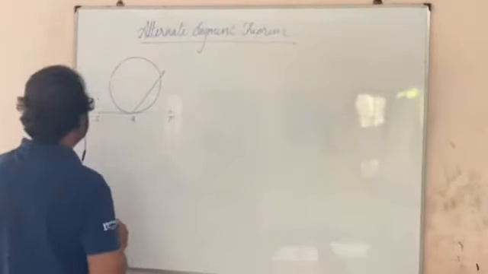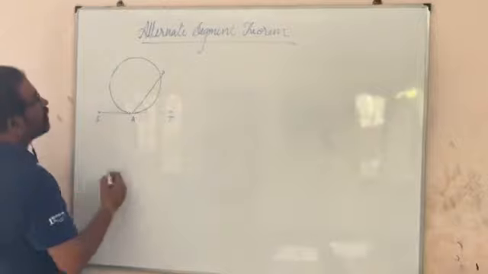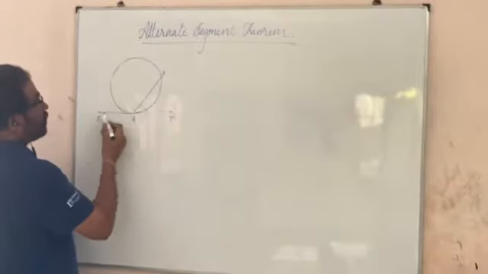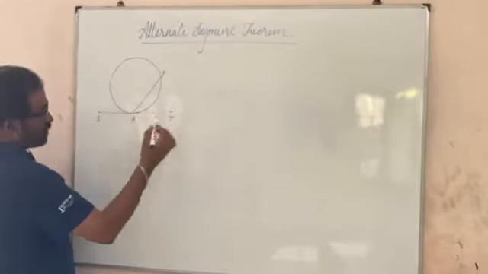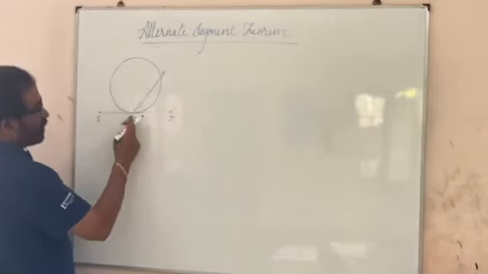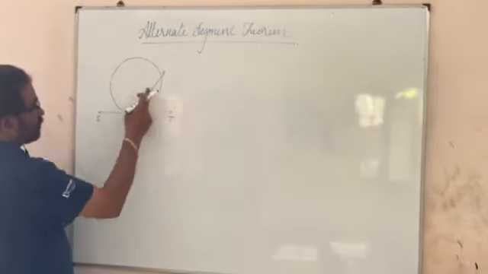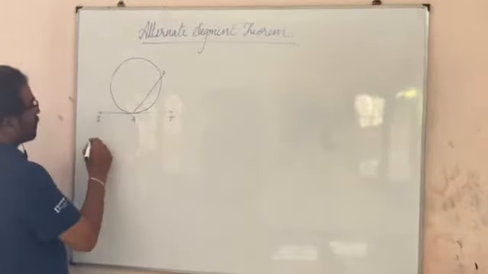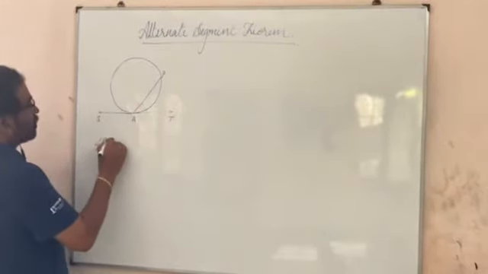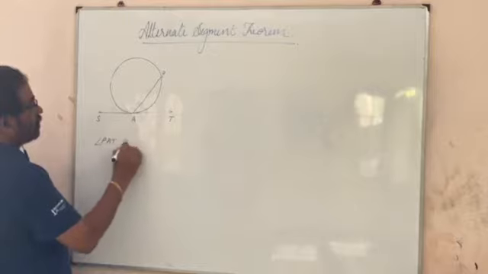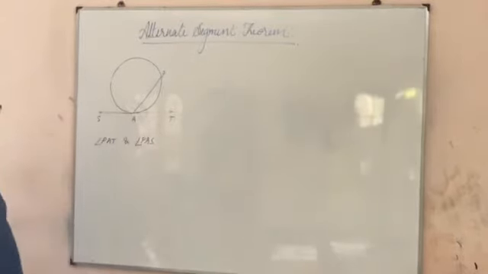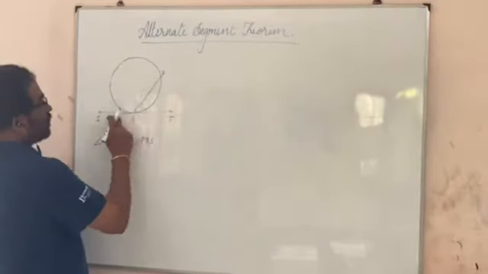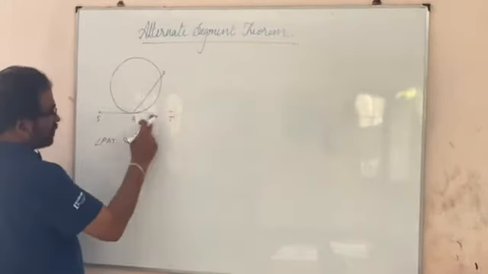First, let me tell you what angles are formed when we draw a chord and a tangent. The angles made by this chord with this tangent are angle PAT and angle PAS. These are the two angles formed by this chord with the tangent.